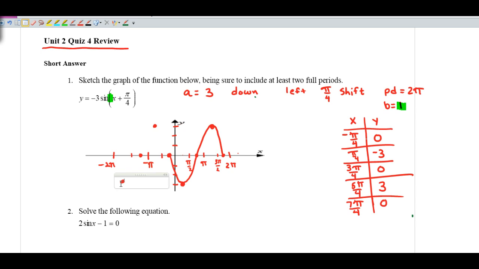And at negative 9 pi over 4, it will be 0 again. So we will create another curve like that. Everything is shifted over to the left pi over 4.